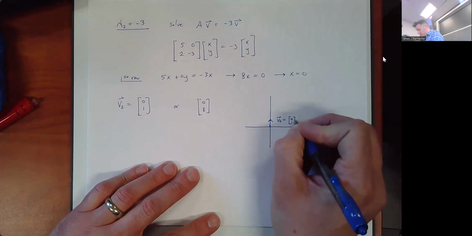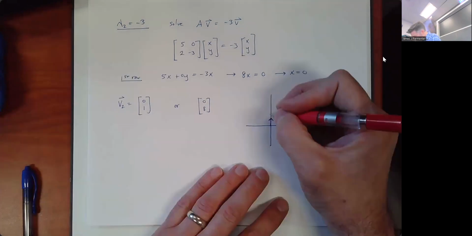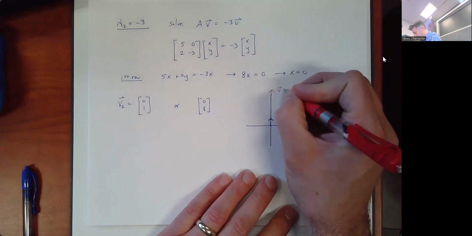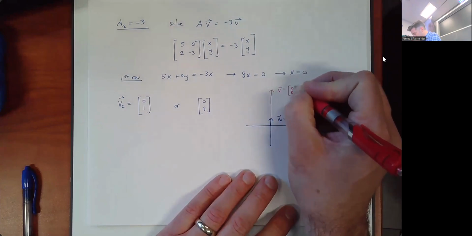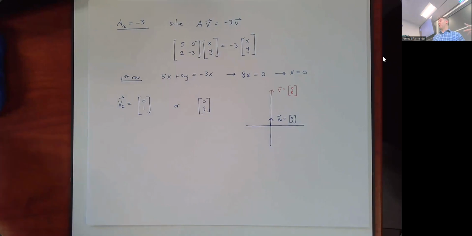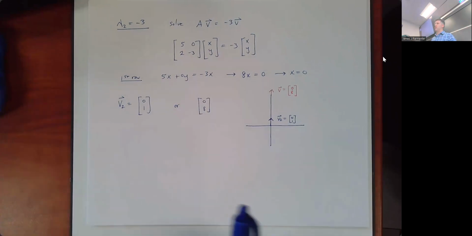But if you draw the one I picked, which I maybe made too large, it points exactly in the same direction. It's just 0, 8 instead of 0, 1. But the defining feature of the eigenvector is that it points in the same direction as all the other eigenvectors associated with the eigenvalue. So you can pick anything once something is 0, but pick 1 because that's the choice everyone's going to make.